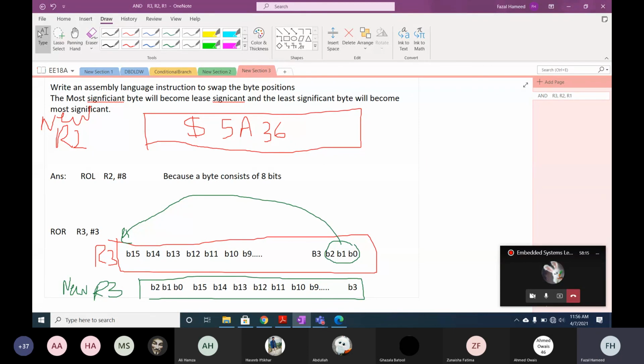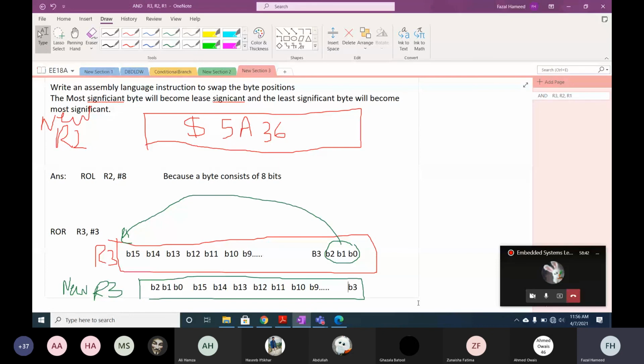Any question relevant to logical shift left, logical shift right, rotate left, and rotate right? So, summarizing our lecture regarding rotate instructions and logical shift left instruction: the logical shift left instruction provides multiplication by 2 raised to power n.